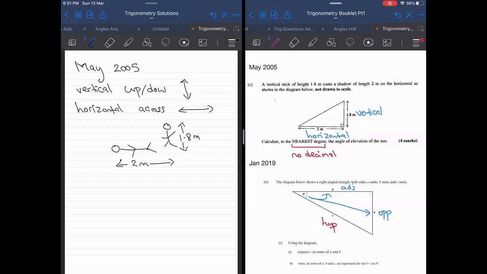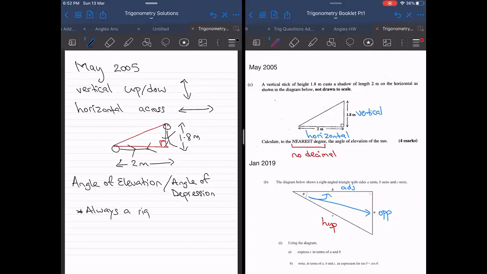With these questions, as you can see, any angle of elevation or depression question will still turn into a right angled triangle. So when you see stuff about angle of elevation, angle of depression, it is always a right angled triangle.